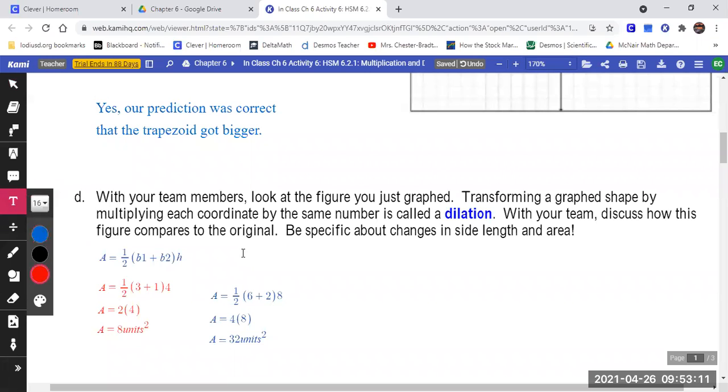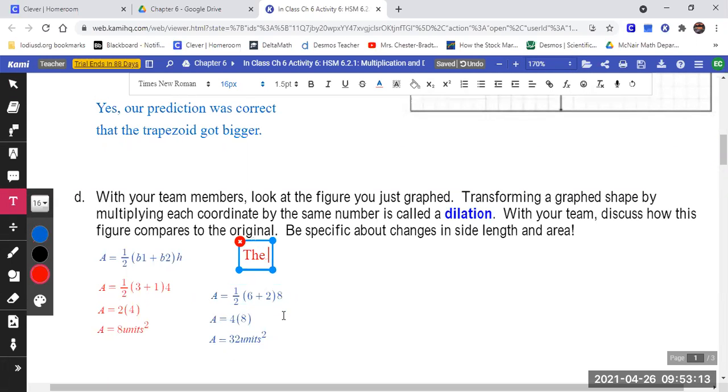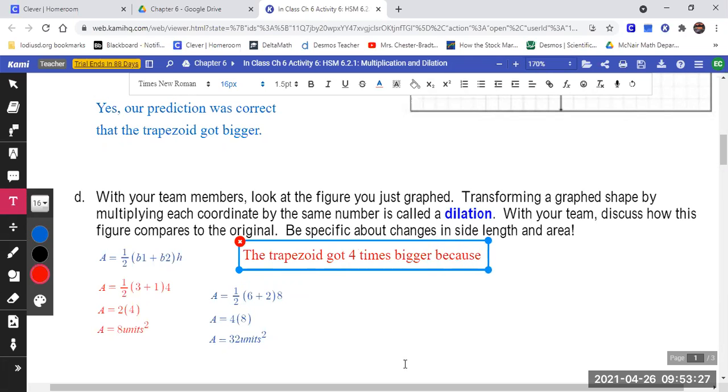It got 4 times bigger. The trapezoid got 4 times bigger. Why? Why did the trapezoid not get only 2 times bigger? We multiplied everything by 2.